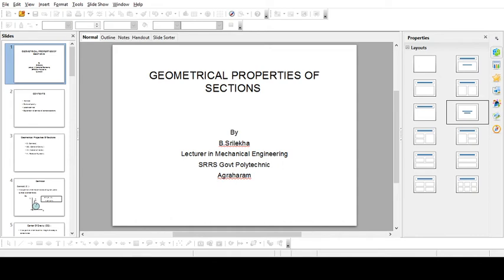So this is the first one and this is the second one. Now I am drawing this with the centroids. So how did we find the centroid?